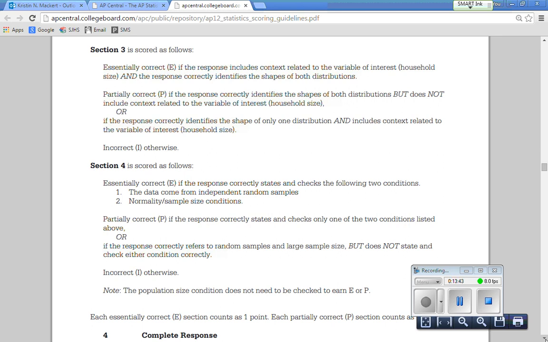Now, it depends on how they graded it. I wasn't there, but that's how I would have graded it. Somewhere in sections 1 through 3, if you wrote context, I think you would have met that condition. So then you got a 4.